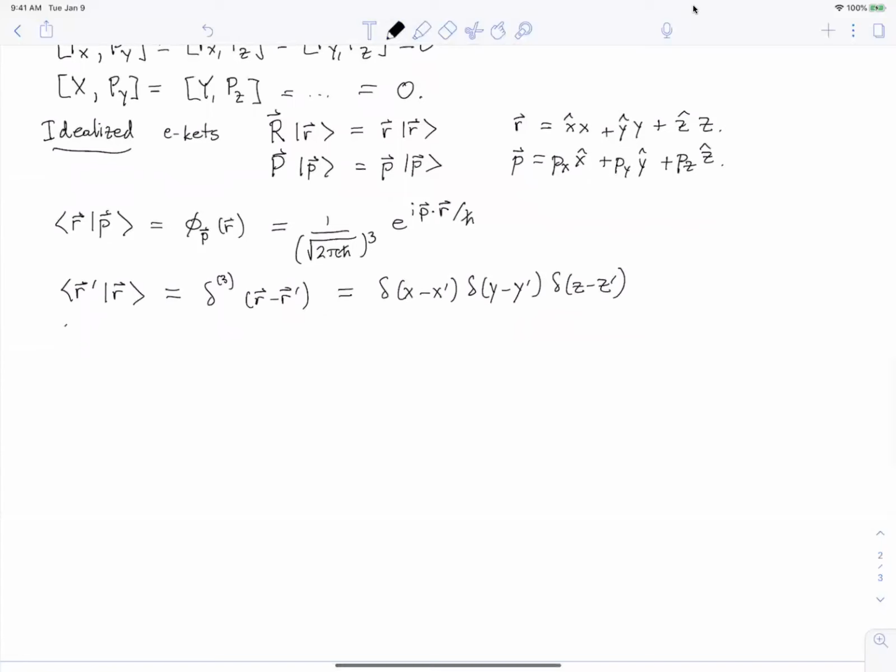Okay, and similarly for momentum eigenkets, they are a three-dimensional delta function of p minus p prime, which is just defined to be the product again of three one-dimensional delta functions.